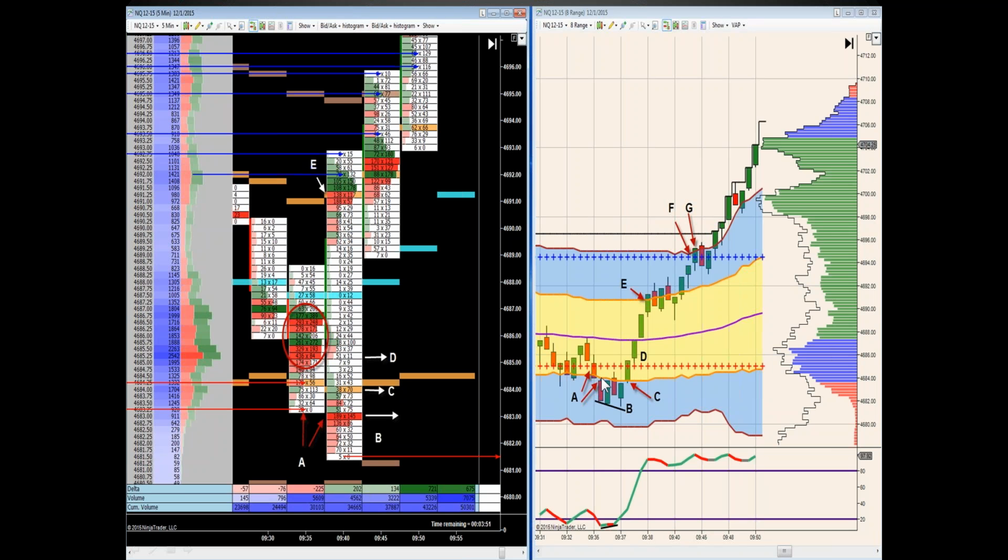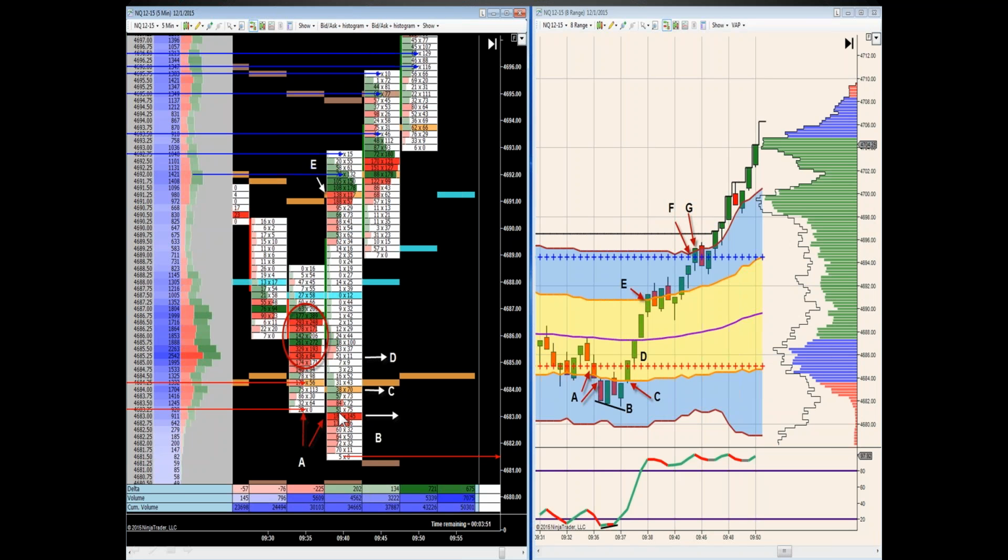And I can still look at previous areas of support and resistance. I can always look to my left. So here at the break of the low value area, and then the next bar starts to form, it hangs here and here and here and it's not going. You can see this would give me a heads up right here where I've got a large number of sellers in comparison to buyers. I have 189 to 75.